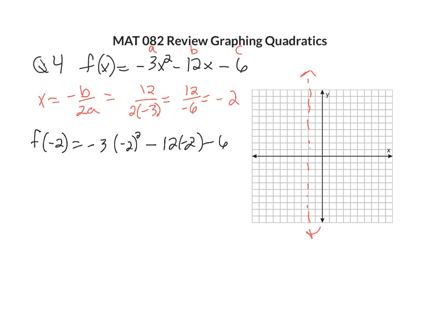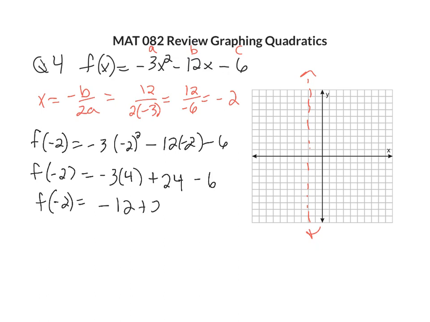So we have negative 2 squared, so that's negative 2 times negative 2 is positive 4. So we'll still have negative 3 times 4 there. Negative 12 times negative 2 is a positive 24. And minus 6. We take negative 3 times 4 next is negative 12. Plus 24 would be a positive 12.